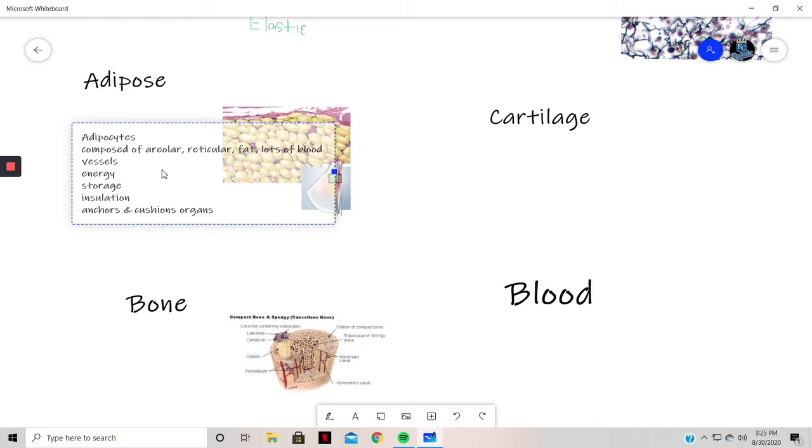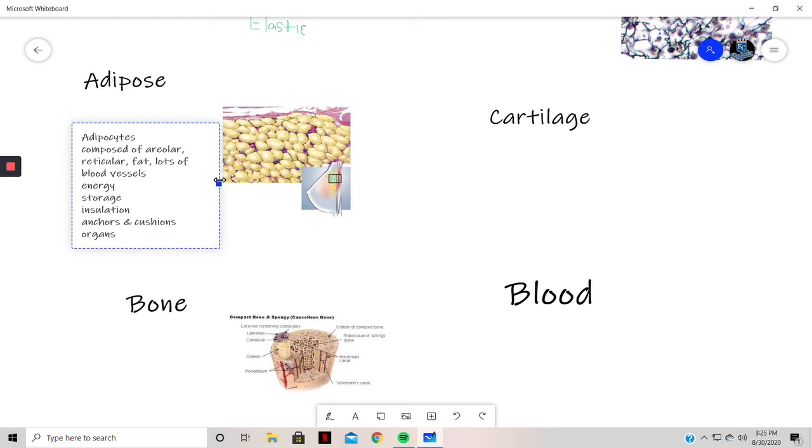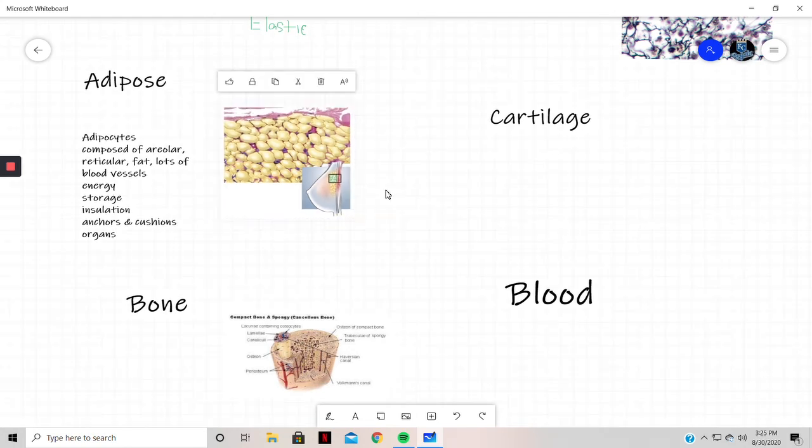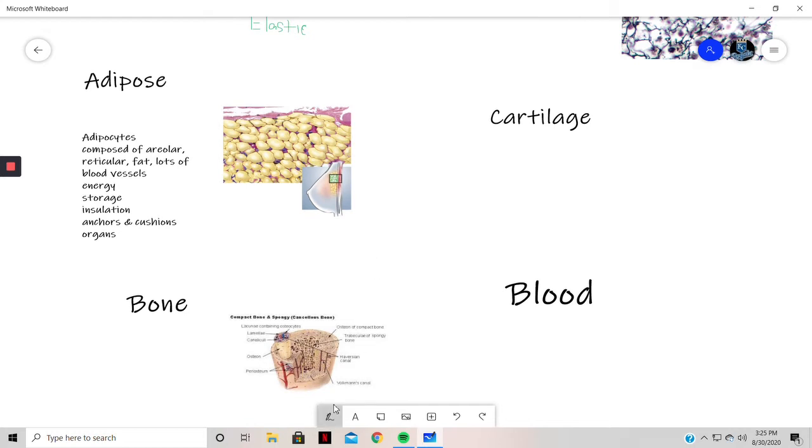And let's see if I can just do it this way. Yeah, that'll work right there. Same word, just relocated now. And of course, as I mentioned, all this stuff, all this yellow in here, we'll point to several of them here. That's fat.